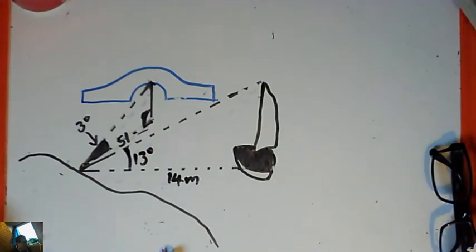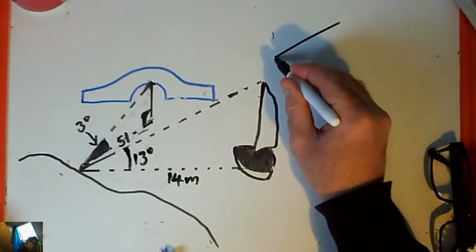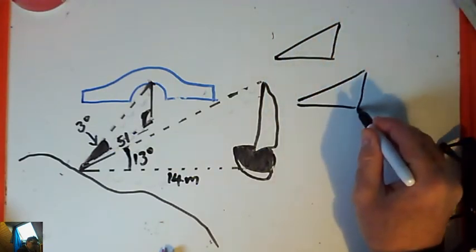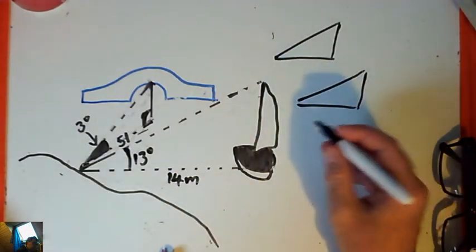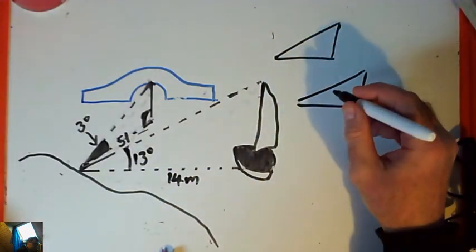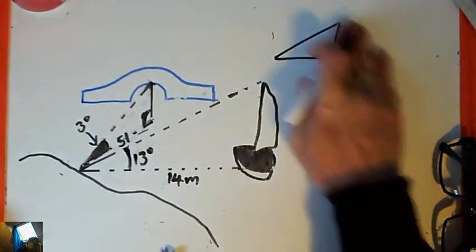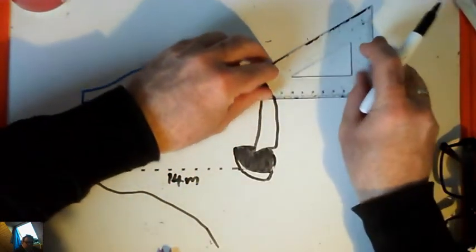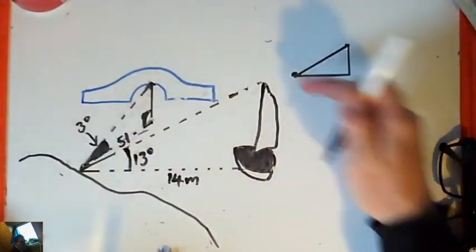So although the diagram's a little bit confusing, it's basically two different right-angled triangles, and you've got information about both of them. So I'm going to start with this right-angled triangle here. I'm just going to draw another one over here so it looks more like a right-angled triangle.